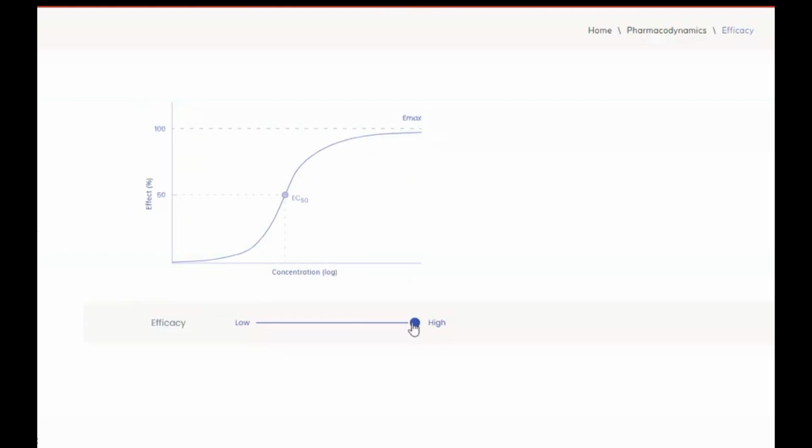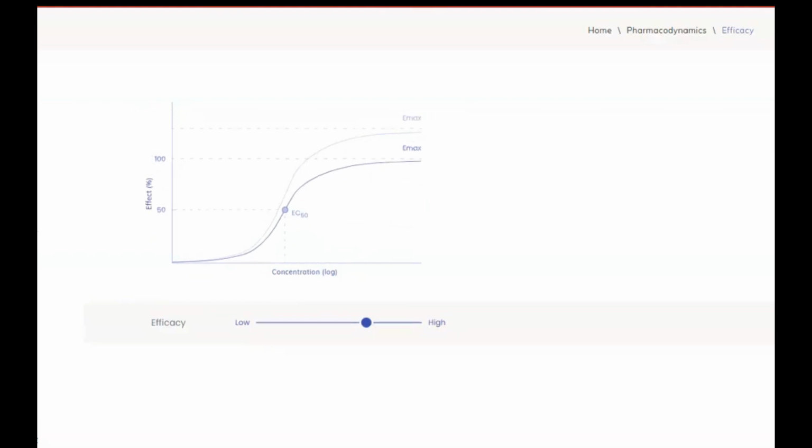This is the first part of this tip. As you can see, when we deal with efficacy, we are always dealing with the y-axis of the dose response curve.